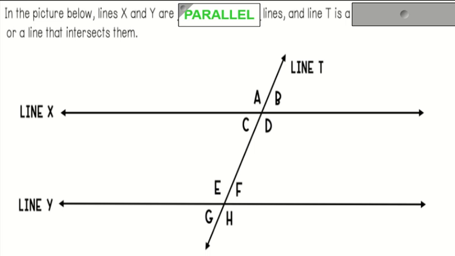Line T, this diagonal line coming through here, is what is called a transversal. So a transversal's a line that intersects some other ones.